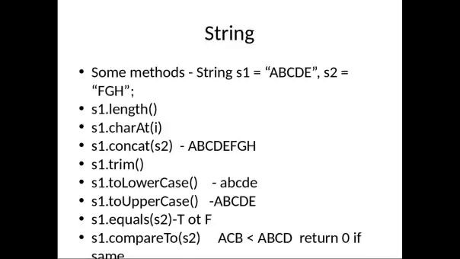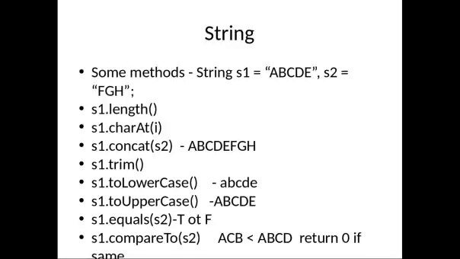Now there is another method, equals and compareTo. The equals method will check whether the values of string s1 are equal to the values stored in s2. If both strings contain the same characters, character by character at each index, then it will return true. There is another method, s1.compareTo(s2).